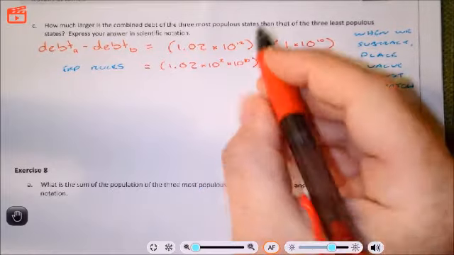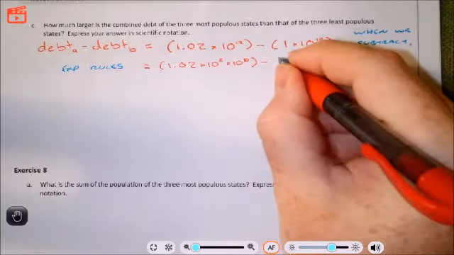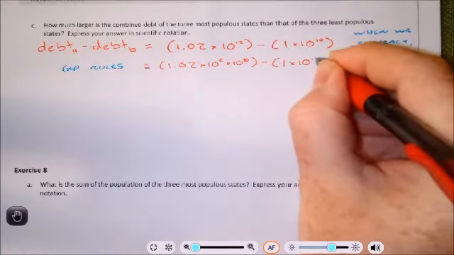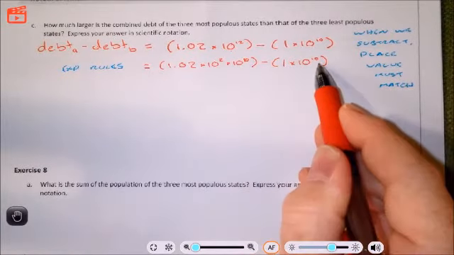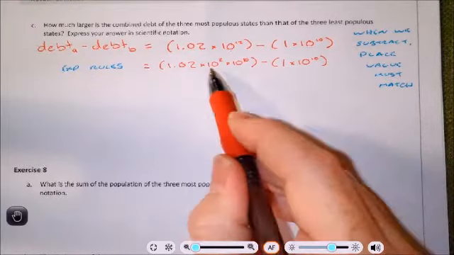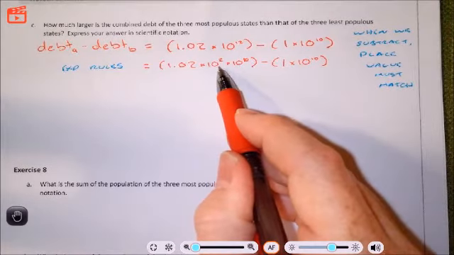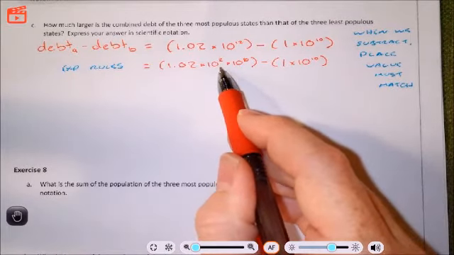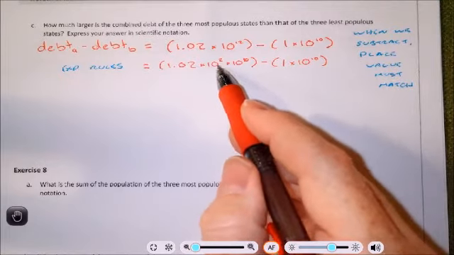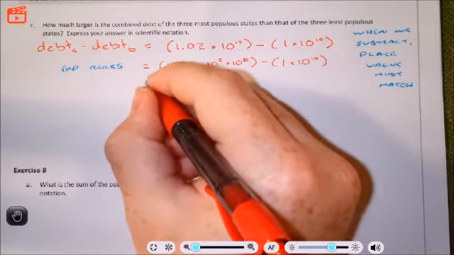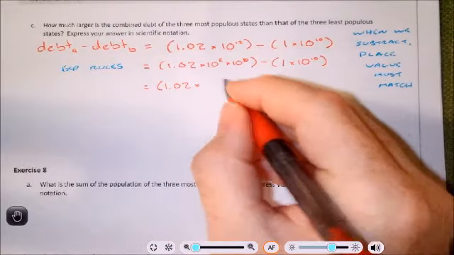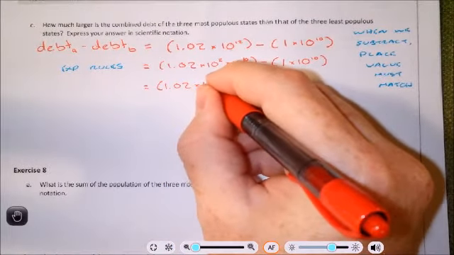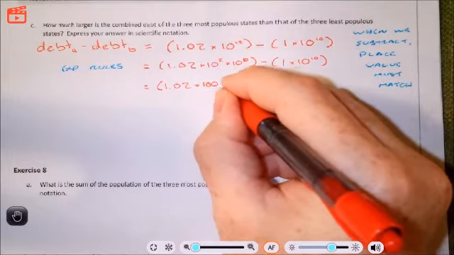So now I am closer to letting my place values match because now both of them have 10 to the 10th. But this 10 squared is still messing me up. Let's do one piece at a time. 10 squared is 100.